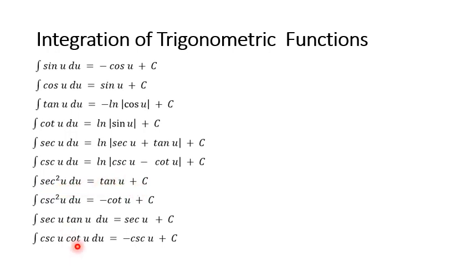And if we have csc squared u du or cosecant squared u du, this is equal to negative cot u plus c. And if we have integration of sec u tan u du, this is simply equal to sec u plus c. And if we have integration of csc u cot u du, this is equal to negative csc u plus c.